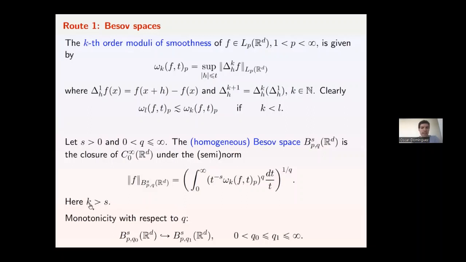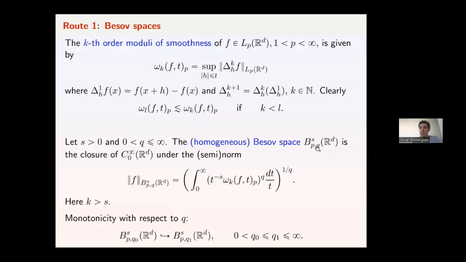Here, k is strictly larger than s. One can prove that this definition is independent of k with equivalent seminorms. As usual, if q is equal to infinity in this definition, one should replace the integral from 0 to infinity by the supremum over all t greater than 0 of this expression.